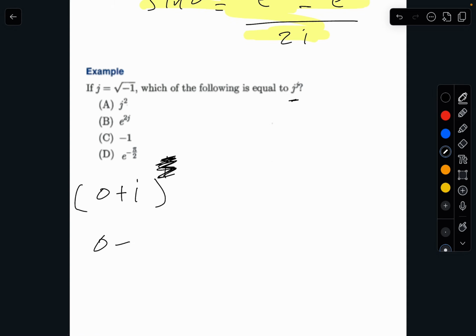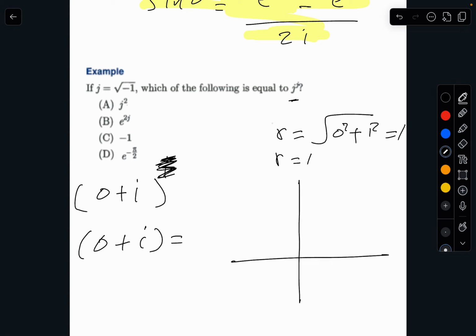So 0 plus i is actually equal to what? The r of this is equal to the square root of 0 squared plus 1 squared, the coefficient of i, and it's equal to 1. So r is equal to 1. And we can know theta if we look at the 2D plane. Here are the real numbers and here are the imaginary numbers.